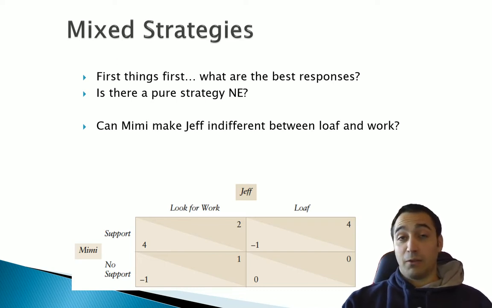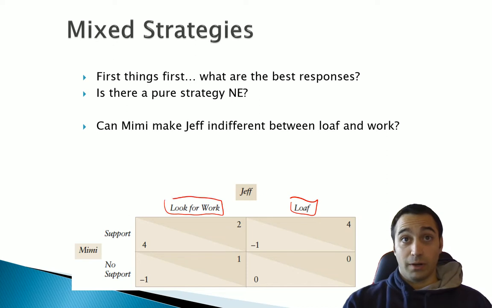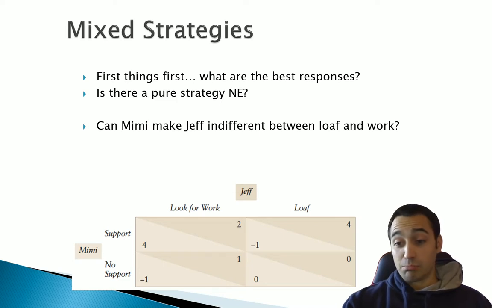And the story goes as thus. Mimi and Jeff are romantically involved. Jeff is lazy and wants to be able to loaf all day long. He very much does not want to look for work. However, he also likes to be with Mimi. Mimi, presumably his lady friend, he likes her to stay with him.